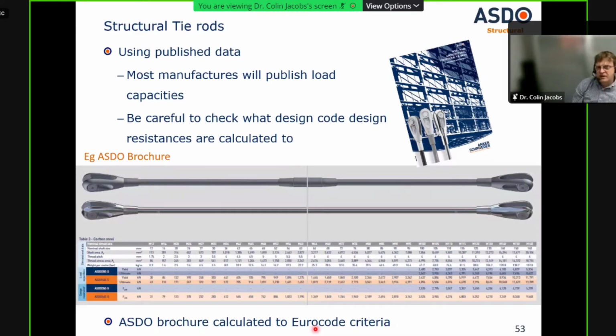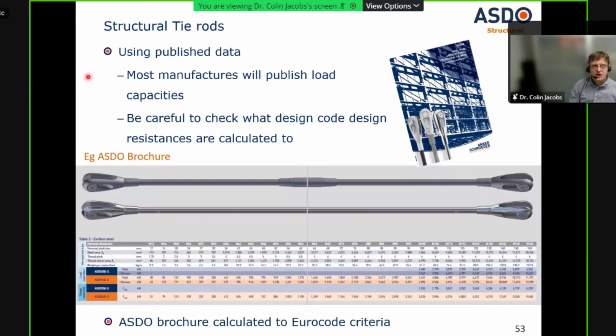So with those differences, be quite careful how you're using published data, because sometimes you don't know what factors are being assumed within that data, whether they're using a partial factor of 1 or what type of stress area they're using. It's the same in our brochure. Obviously, we're a European company, so at the moment we have calculations to Eurocode standards.